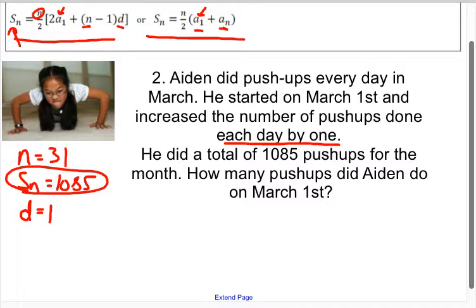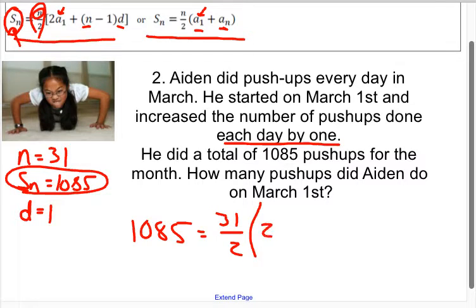So using that first one there, 1,085 for S sub n equals n over 2, so it's going to be 31 over 2, times 2 times a sub 1, we don't know what the first term is, that's what we're trying to find, plus n, which is 31, minus 1, times the common difference, which is 1.